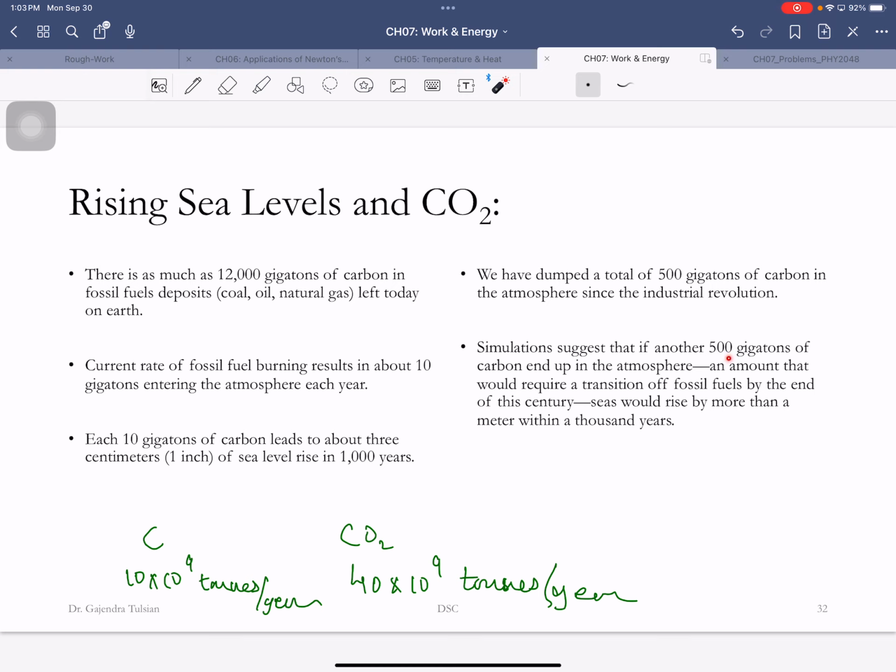Anyway, let's say the sky won't fall down if you dump another 500 gigatons of carbon. So at the current rate of 10 gigatons a year, you can maintain status quo for another 50 years, assuming your simulations are right. So we can act irresponsibly for another 50 years.